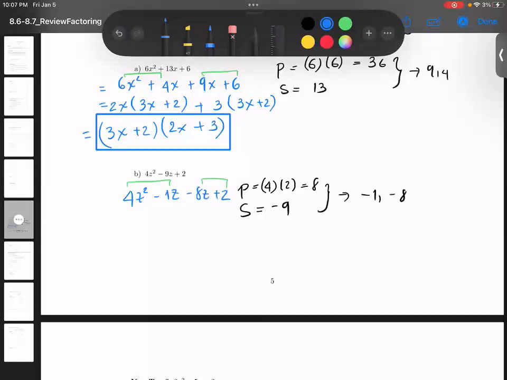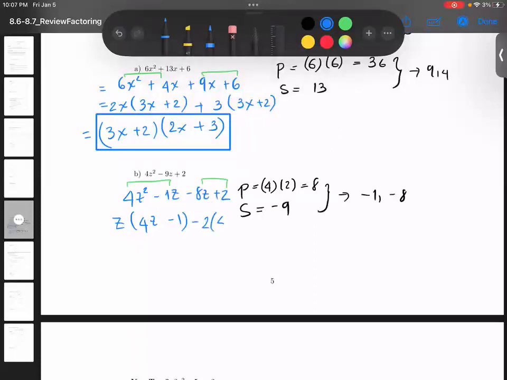Group them. Again, for the first group, I can factor out one copy of z. What remains is 4z minus 1. The second group, I'm going to factor out a negative 2. Remember, the leading term is negative here. Well, I'm talking about the leading term in this group, not the leading term of the whole thing. So I'm going to factor out a negative 2 for the second group.